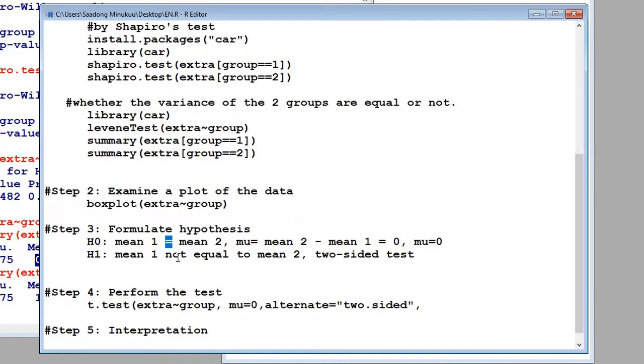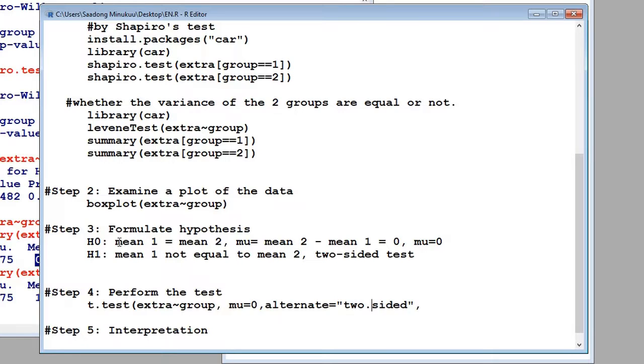In that case, we would have written alternative equal to greater. If the alternative hypothesis is less than, you write less. But if it is less than or equal to, then it becomes two-sided. If it is not equal to, which means it's either less than or greater than, you put two-sided.